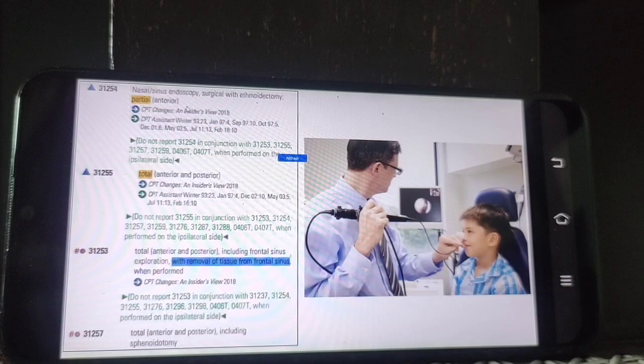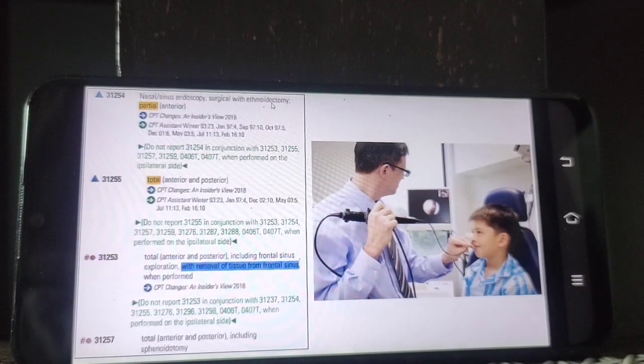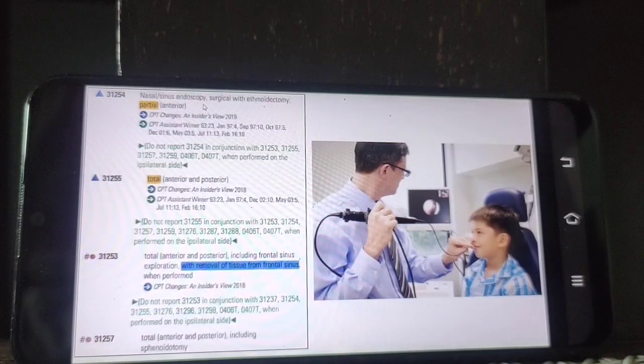Check that 31254 means anterior portion only, partially removing the ethmoid. Total means both anterior and posterior. For total, 31253: total ethmoid with the removal of tissues from the frontal sinus.